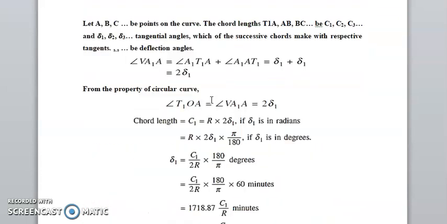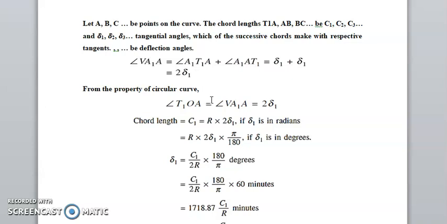Let A, B, C be the points of the curve. The chord lengths T1A, AB, BC be C1, C2, C3, and delta 1, delta 2, delta 3 the tangential angles which the successive chords make with the respective tangents.